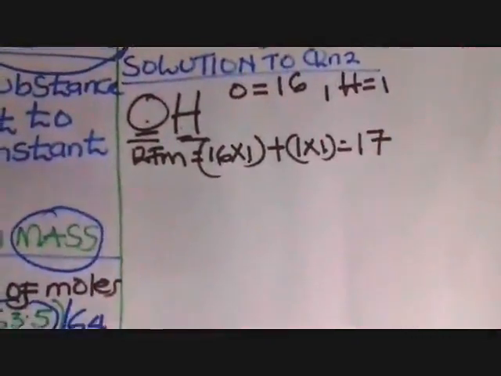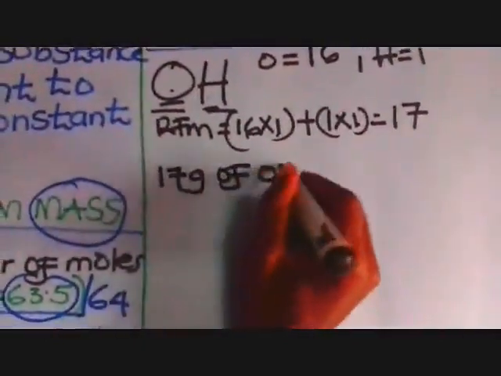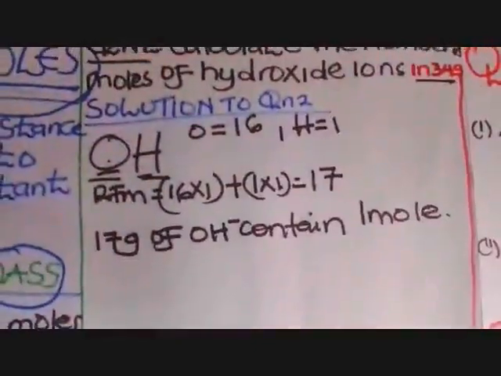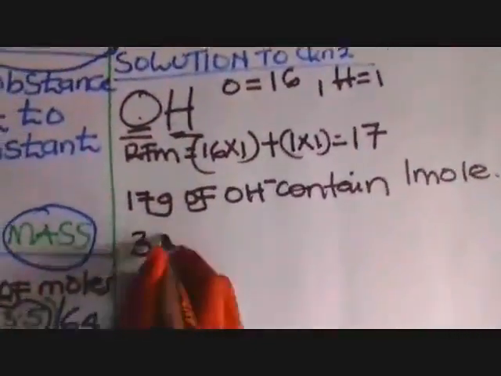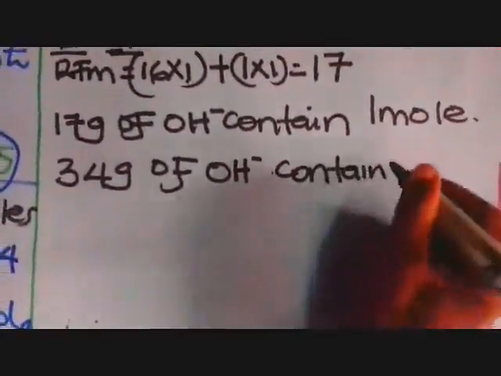After obtaining 17, we are going to say that 17 grams of the hydroxide ions contain 1 mole. Then again we say, what about the grams given in the question? What about the 34 grams of the same hydroxide ions contains? And here we are going to cross multiply.